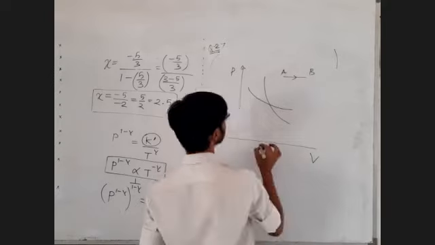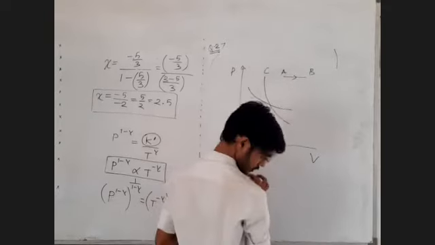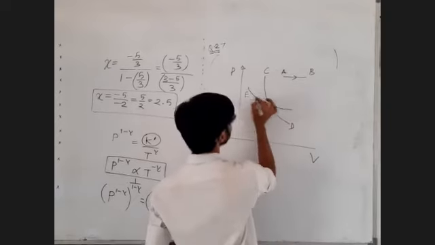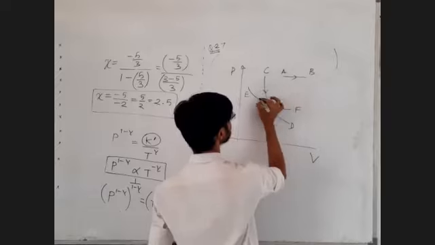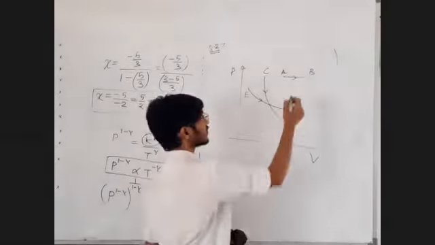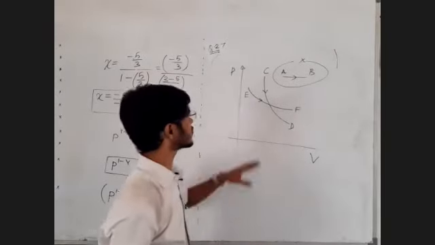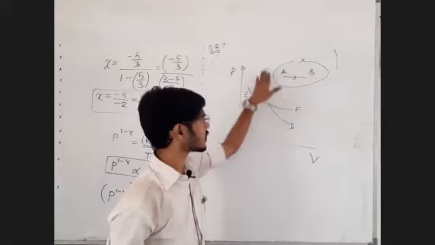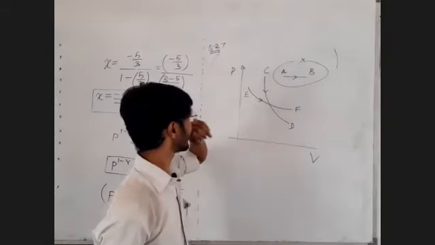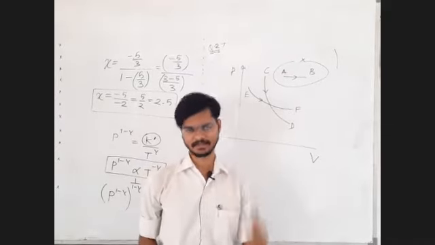AB is isobaric, then C and D, and E and F. Tell me which one is the adiabatic? Certainly this will not be adiabatic, this is isobaric, forget about it. Now the answer must be either EF or CD. Which is the adiabatic and what is the criteria?